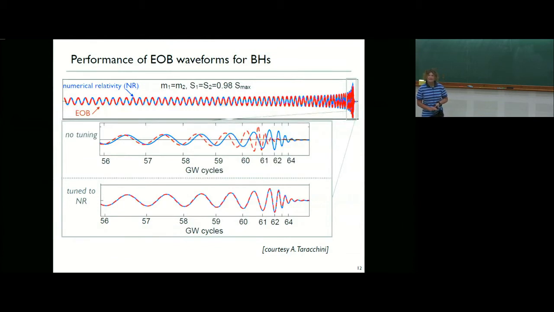Yeah, usually they are functions of the symmetric mass ratio. No, the spin is taken into account separately. In principle, you could say it's like the spin-orbit and spin-spin parameters. If you lump them together, they're still functions.